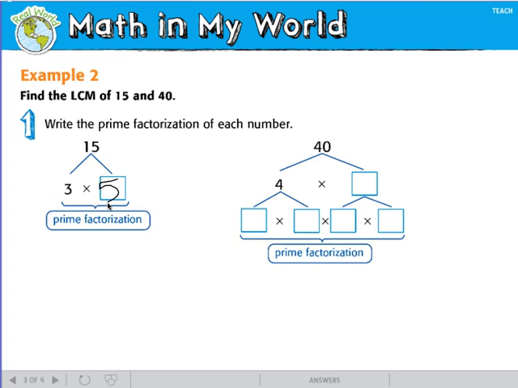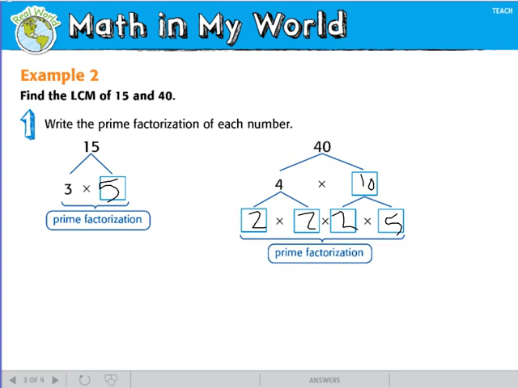And then over here, 40, we have 4 times what? 10. And 4 factors out to? 2 times 2. And 10 factors out to? 5 times 2. Remember, I like to put the numbers together, so I would have put my 2 first. So 2 times 5. But it's the same thing.